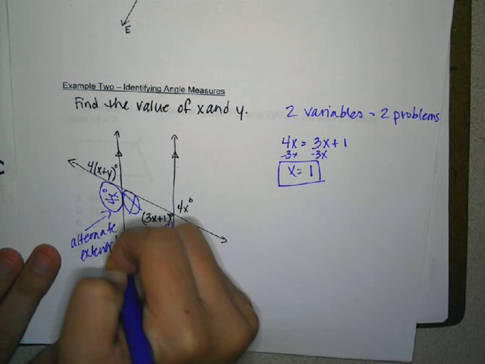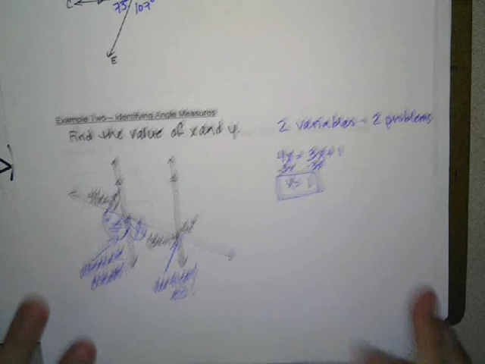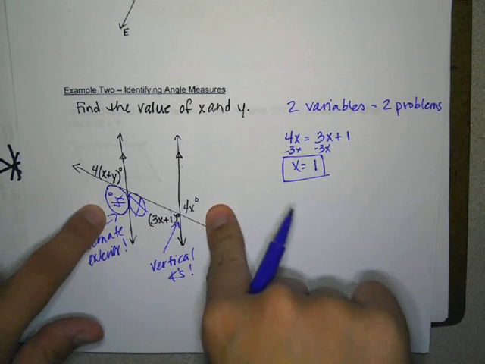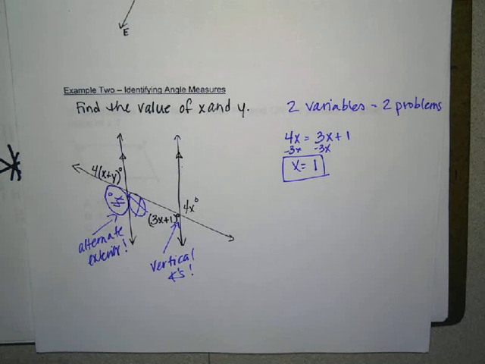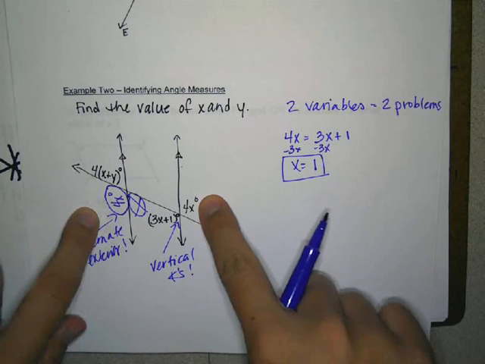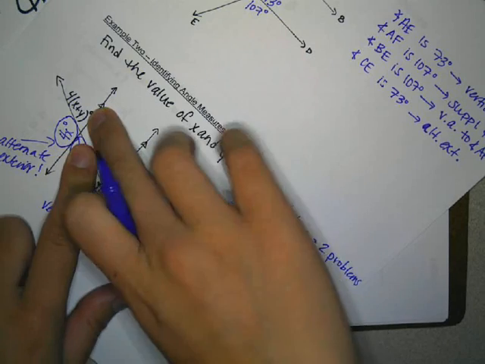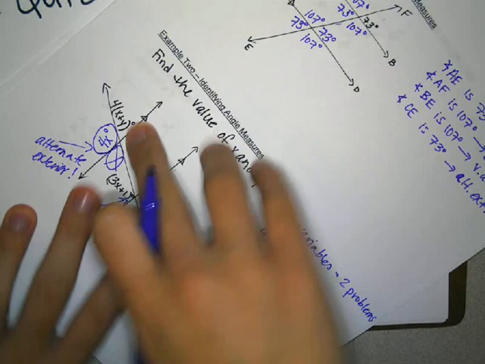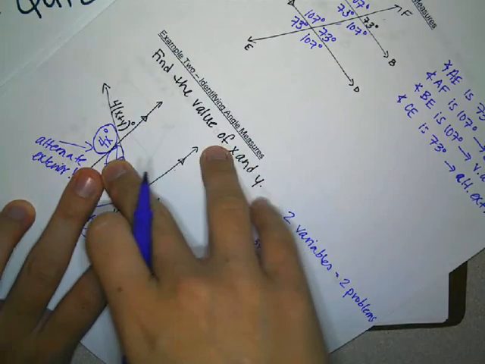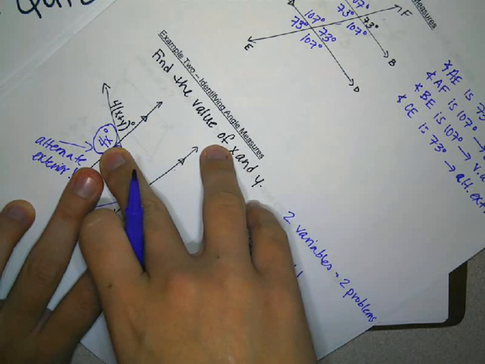And if you don't know that those two are equal to each other, you can't solve this problem. But they are alternate exterior angles. Okay, so then I'm going to come back to this relationship now that I've set up. I know that this expression, 4 times x plus y, plus this 4x would have to equal 180 degrees.